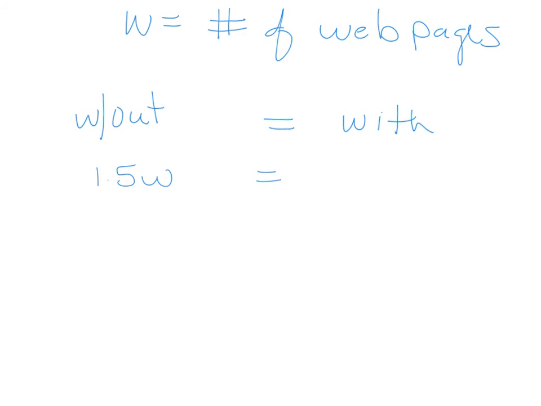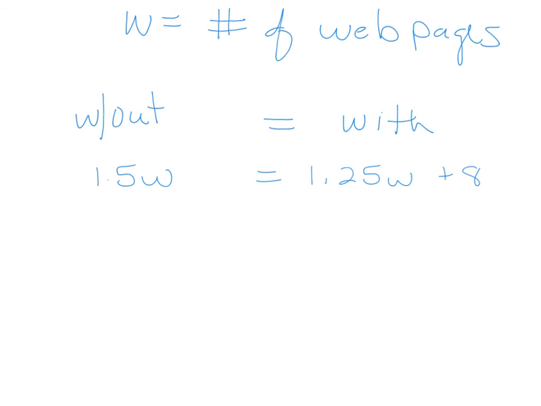So you're going to have 1.25W for the number of web pages plus 8 hours. Now that you have your equation written, I just took how long it takes without the new software versus with the new software, and we're going to figure out how many pages they can actually get done.